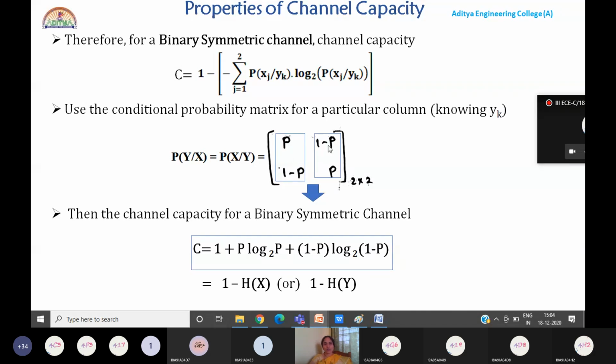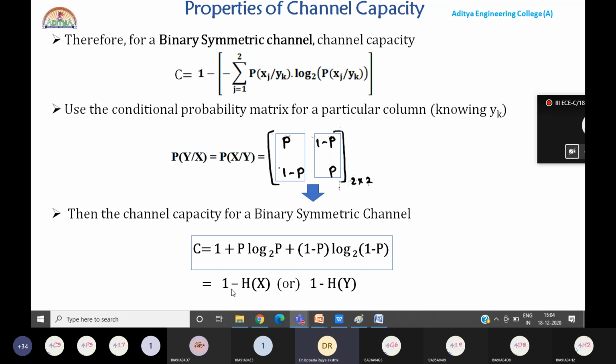You can take either column 1 or column 2, because you are calculating p of xj by yk, that is H of x by yk. So finally, the channel capacity for a binary symmetric channel is 1 plus, because 1 minus of minus, you can write it as 1 plus p log p base 2 plus 1 minus p log 1 minus p base 2.